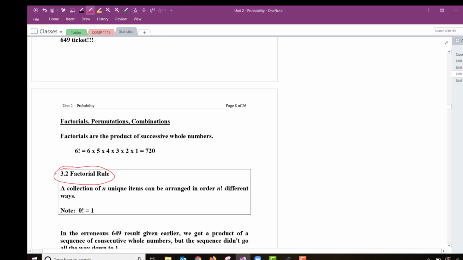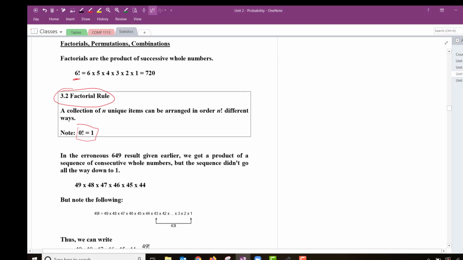When we're doing this, factorial notation just means multiply 6 factorial, 6 times 5 times 4 times 3 times 2 times 1. And we'll even define 0 factorial. 0 factorial will be defined as 1. It's the number of ways of arranging nothing. We'll say it's one way.